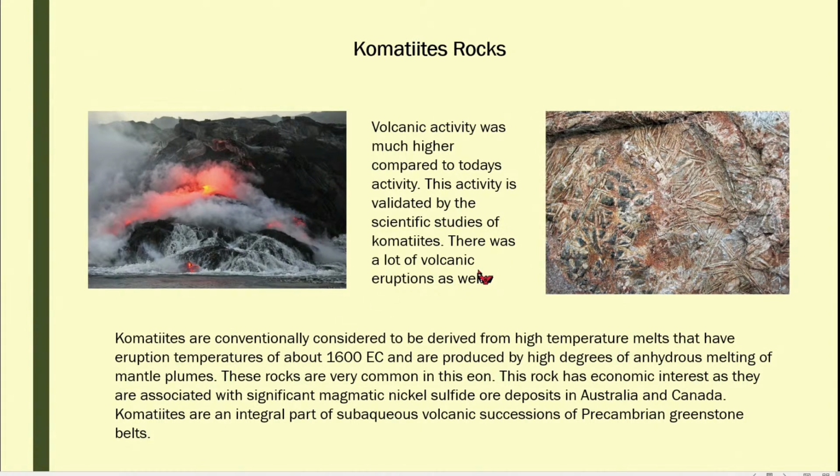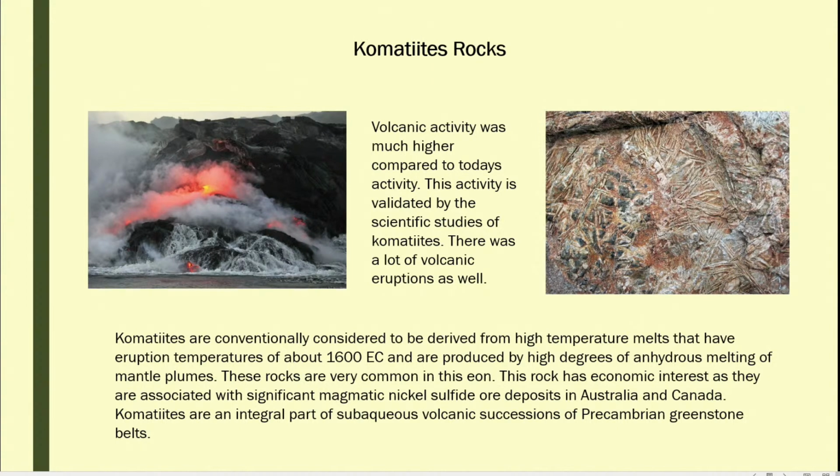Now the Komatiites are conventionally considered to be derived from high temperature melts that have eruption temperatures of about 1600 °C, and are produced by high degrees of anhydrous melting of mantle plumes. These rocks are very common in this eon.